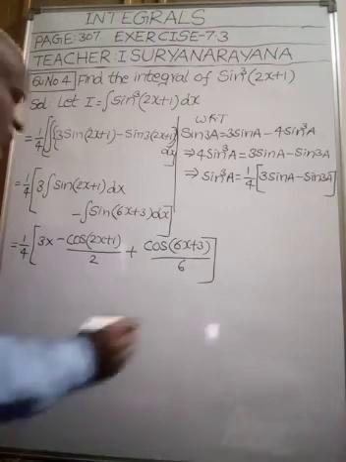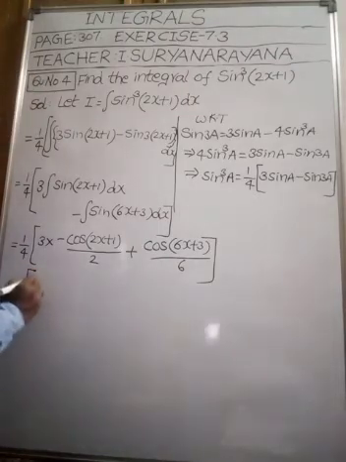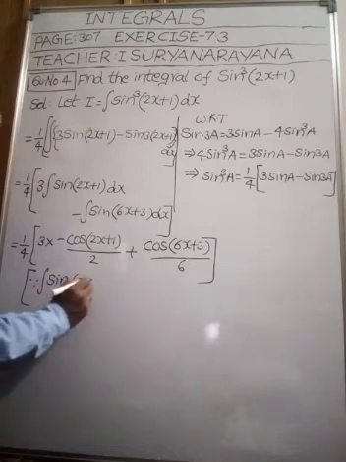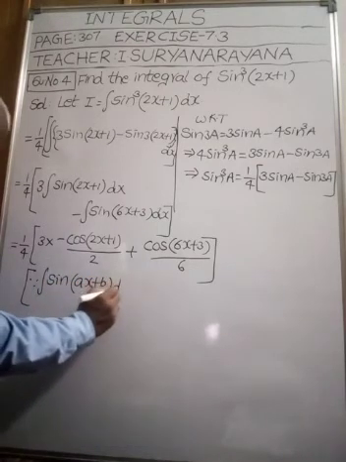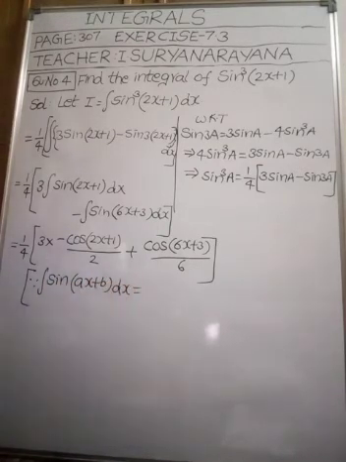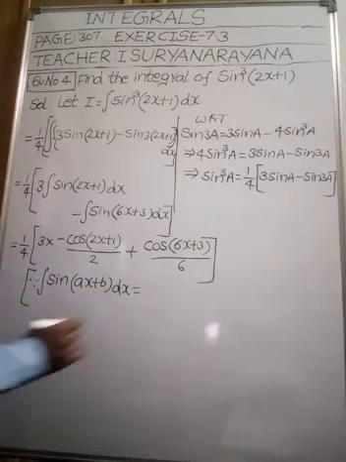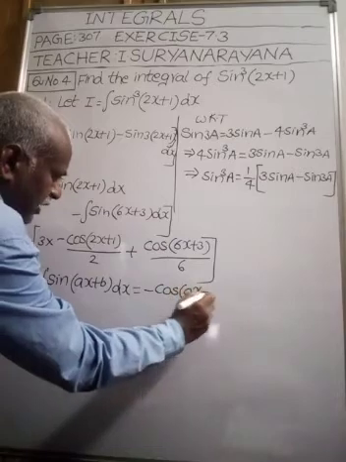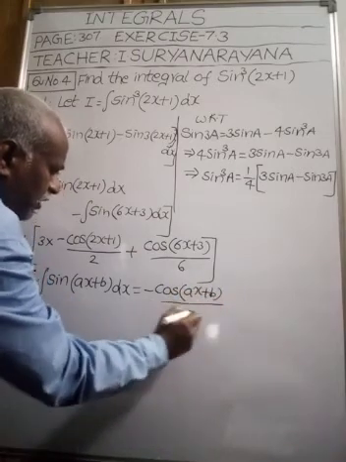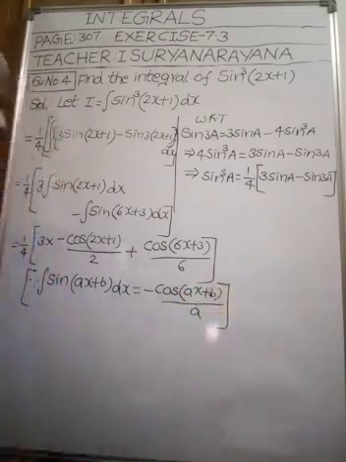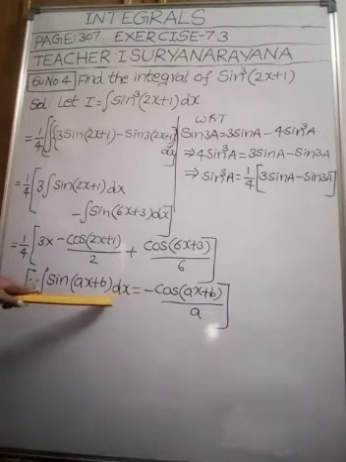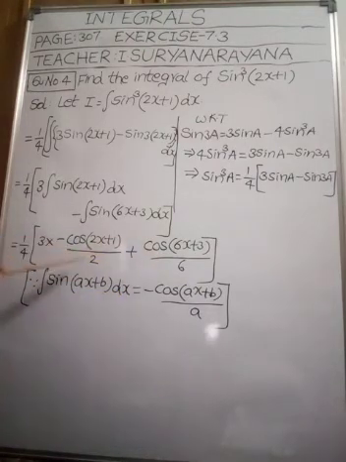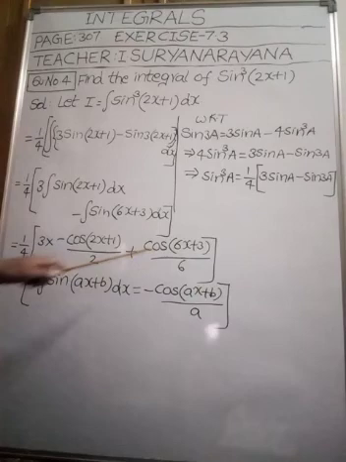Because the integral of sin of ax plus b dx is equal to minus cos of ax plus b whole divided by a. So by using this integral formula, we wrote these two terms. Understood these two terms, my children?